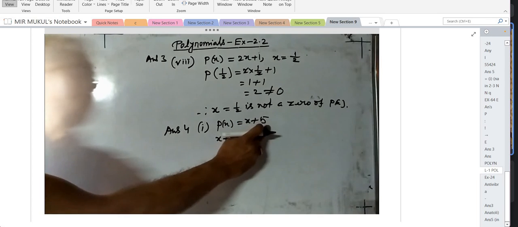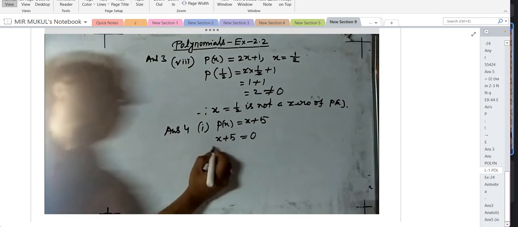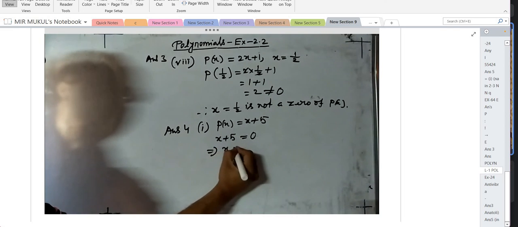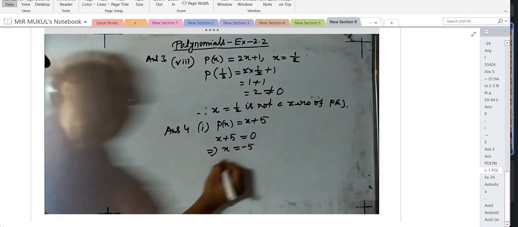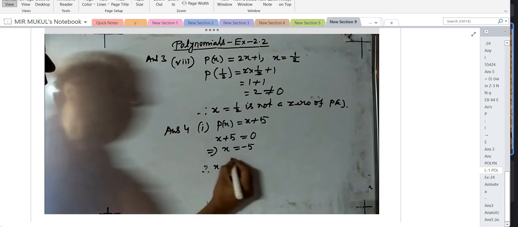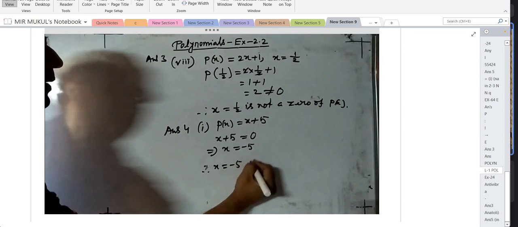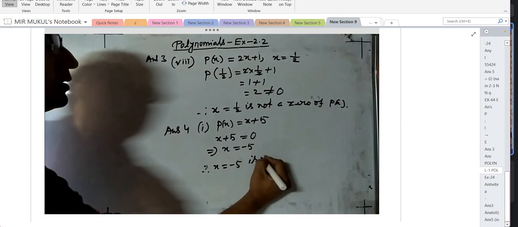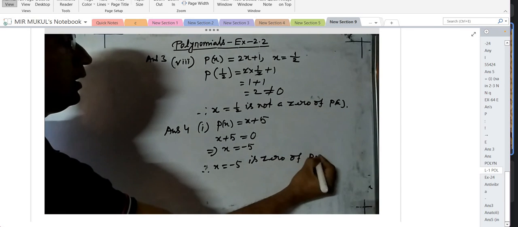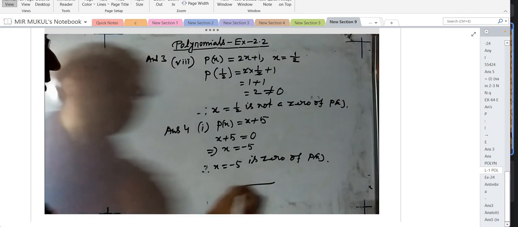So you will write x plus 5 equals to 0. Then bring this 5 to the other side, and we get minus 5. Therefore x equals to minus 5 is the zero of p(x). This is our answer.